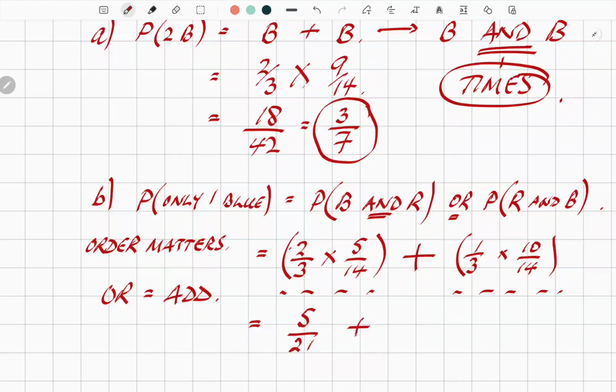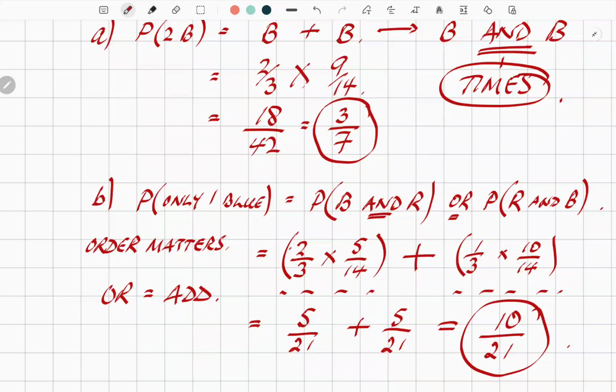And the second one, again, it turns out to be the same, 10 over 42. So again, 5 over 21, and the result comes to 10 over 21. Does that all make sense?